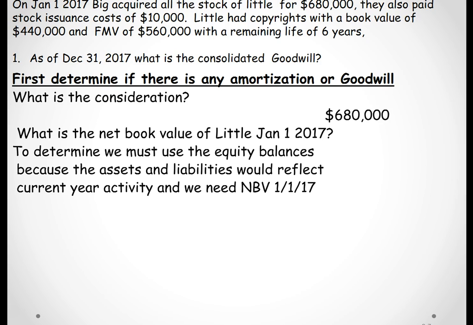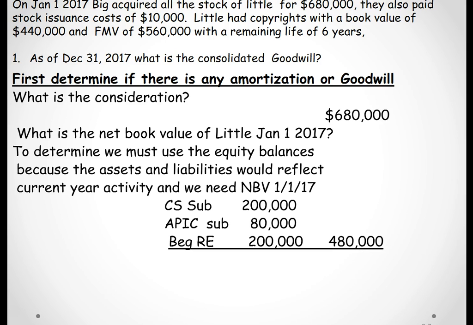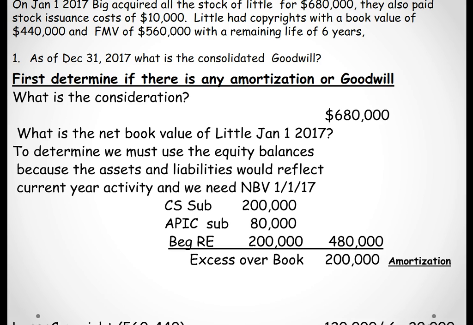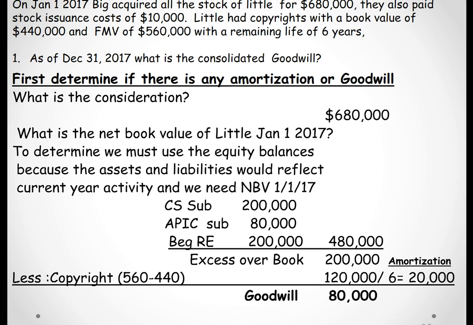So we take the common stock, the additional paid-in capital, assuming none have been issued during the year, and the beginning retained earnings, so it gives us 480. And now we have excess over book of 200,000. We know that we have the undervalued copyright of 120 divided by 6 will give us $20,000 a year amortization, which gives us $80,000 in goodwill.